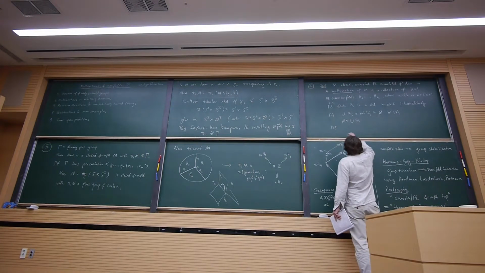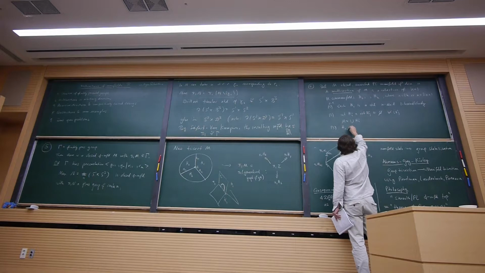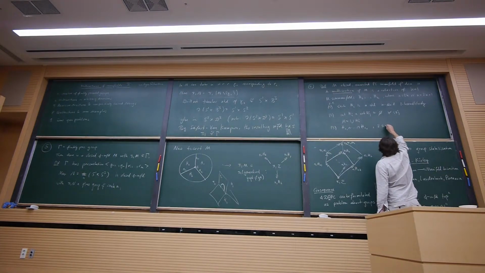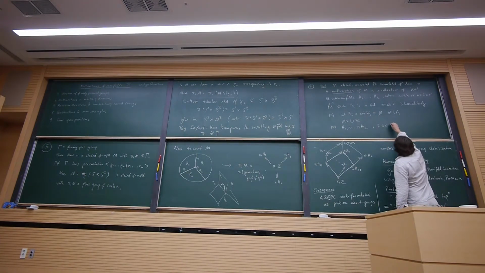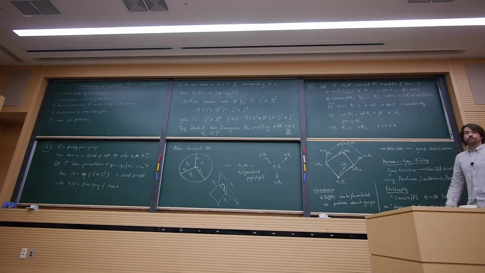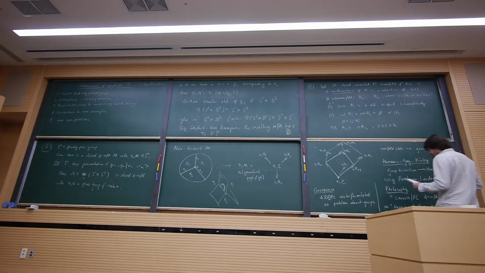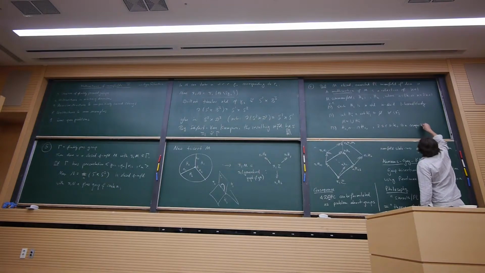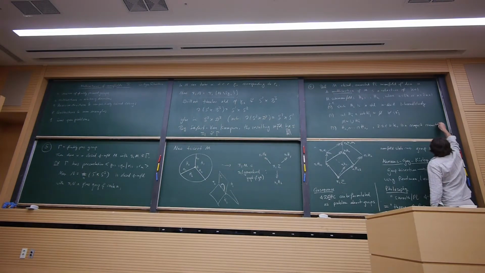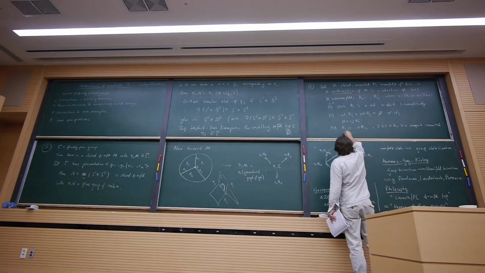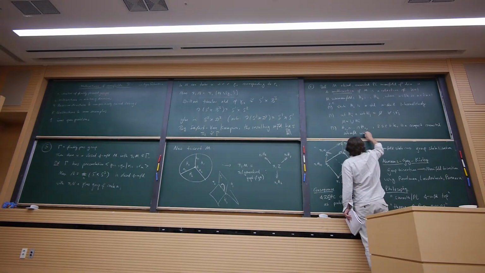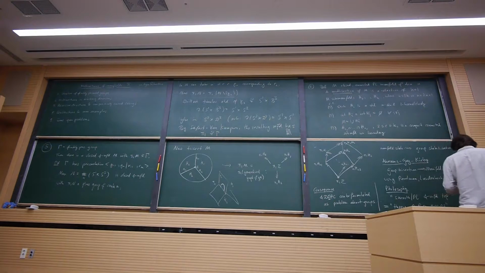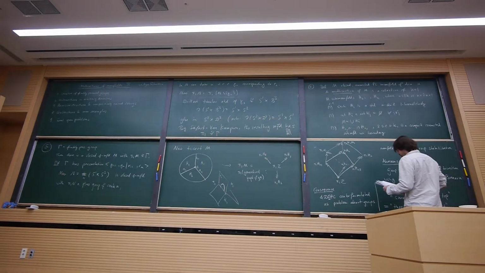Okay, so the third one is that if you take an intersection, say Hi1 intersect through Hir, where you take at least 2 and at most k, so not all of them, then this is a compact, connected submanifold with non-empty boundary.